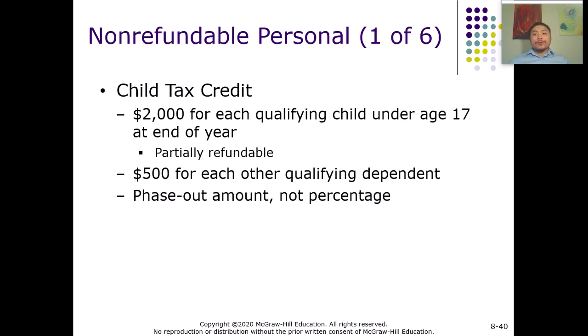And then if the taxpayer has additional qualified dependents, maybe some qualifying relatives, they can claim $500 for each qualifying dependent, and then the child tax credits can be phased out, depending on the income level of the taxpayers.